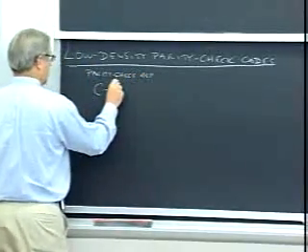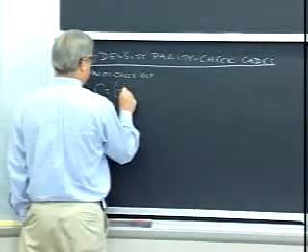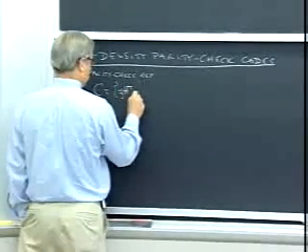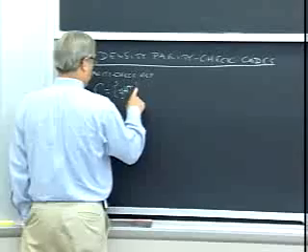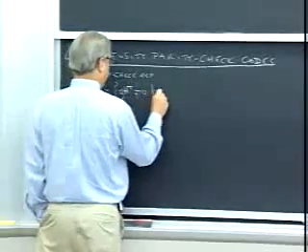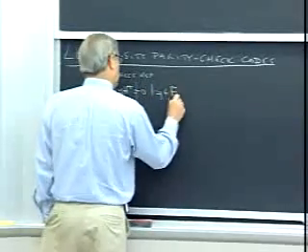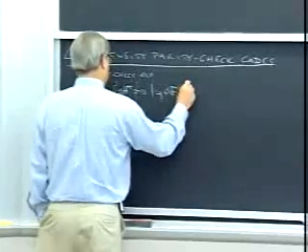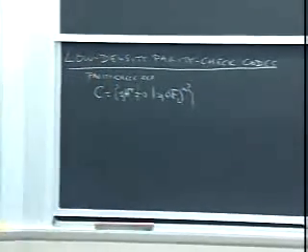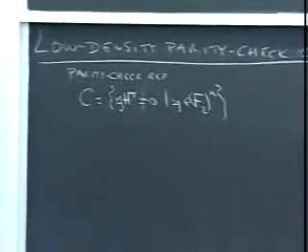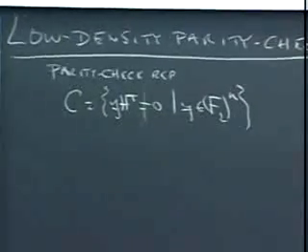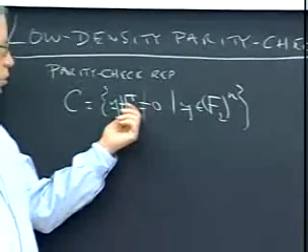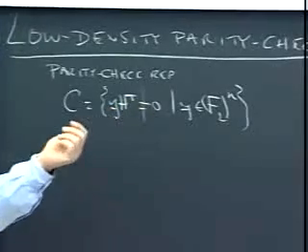So the code is the set of all y such that yH^T equals 0. And that's standard. And the idea now is that this parity check matrix should be low density or sparse.